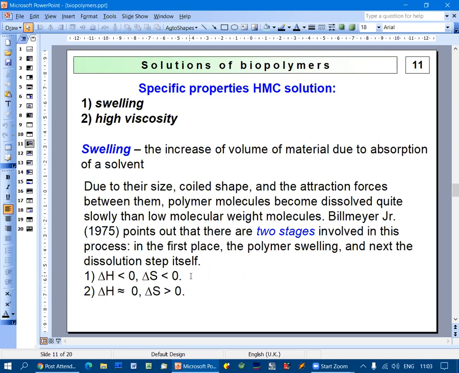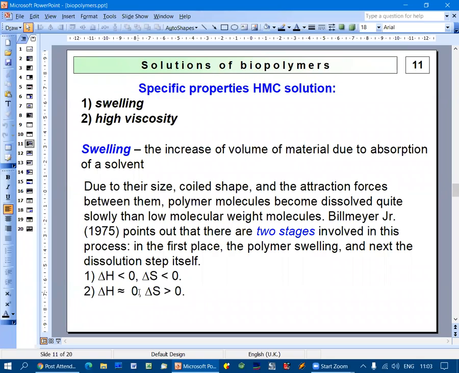At the second step of swelling, these hydrated molecules of a protein will go into the bulk of a solvent, into water, forming a true colloidal solution, usually colloidal. And the heat effect of the second step is approximately zero.